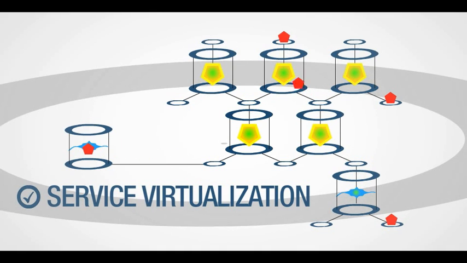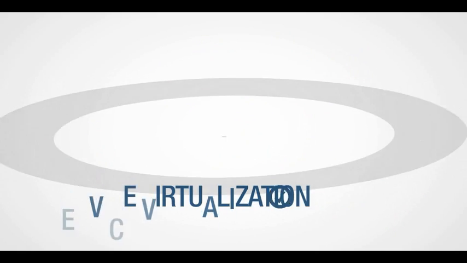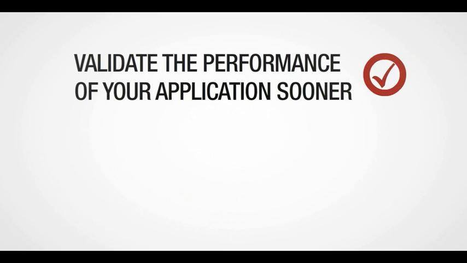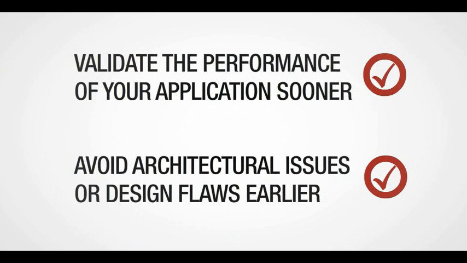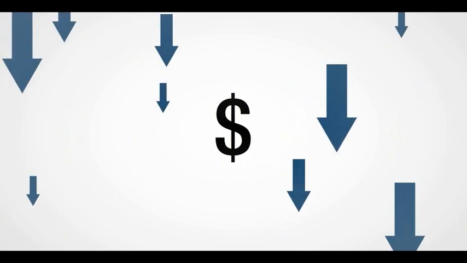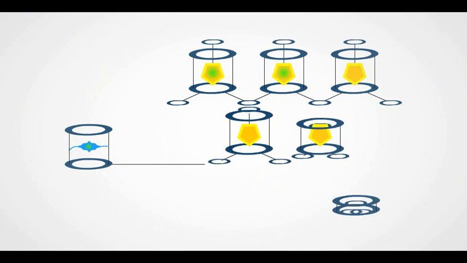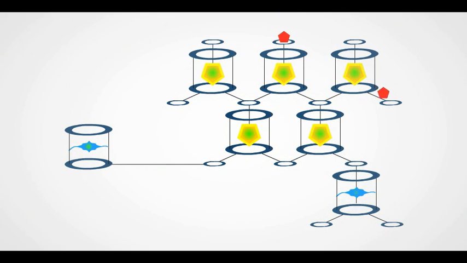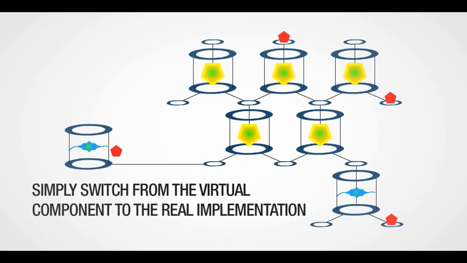Test across the application layers and isolate defects for faster resolution with IBM's integration testing capabilities. Validate the performance of your application sooner and resolve architectural issues or design flaws earlier and at a much lower cost. And when that unavailable software or service is finally ready for testing, simply switch from the virtual component to the real implementation without having to reconfigure your application.